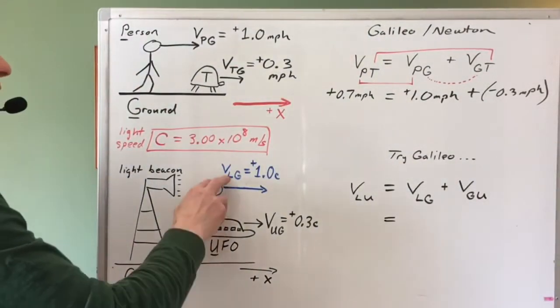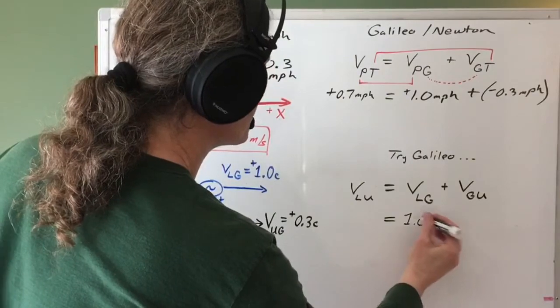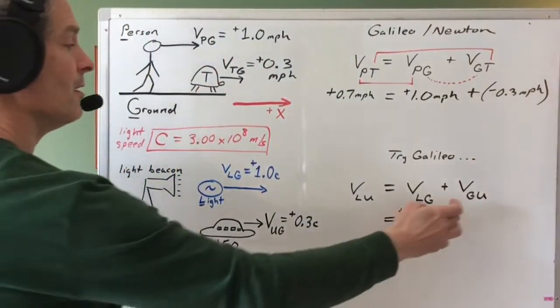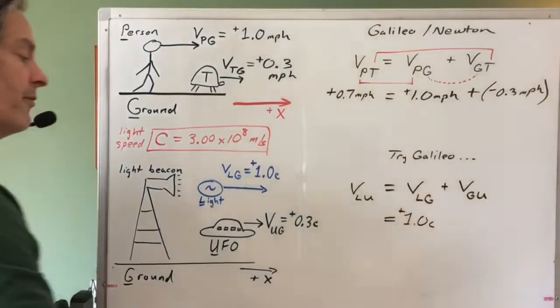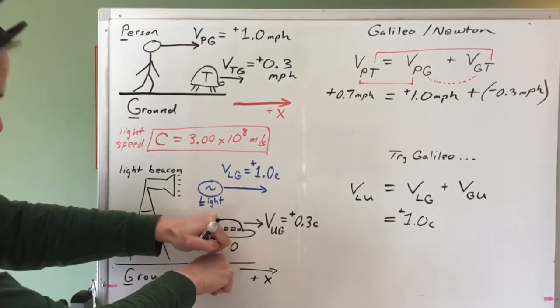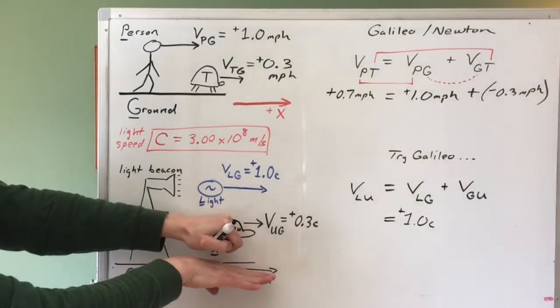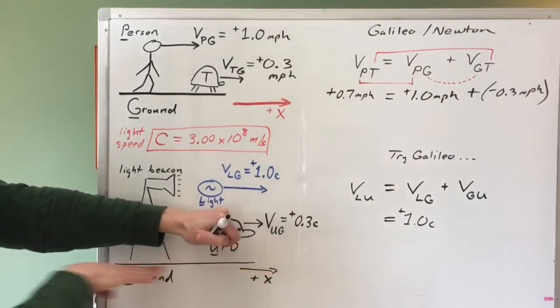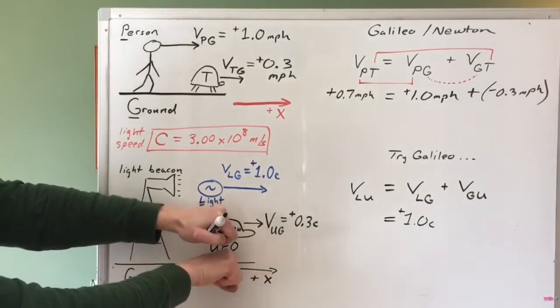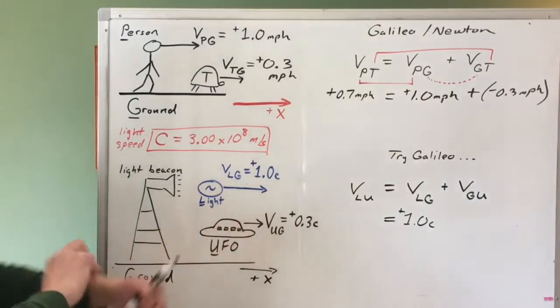All right, so here we go. The x component of the velocity of the light relative to the ground is positive 1.0c. The velocity of the ground relative to the UFO, well, first, the velocity of the UFO relative to the ground is 0.3c to the right, but the velocity of the ground relative to the UFO is 0.3c to the left. If the UFO is going to the right relative to the ground, the ground is going to the left relative to the UFO.